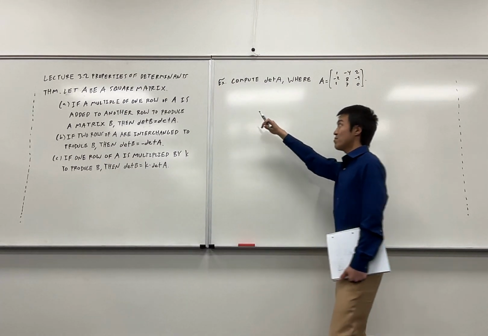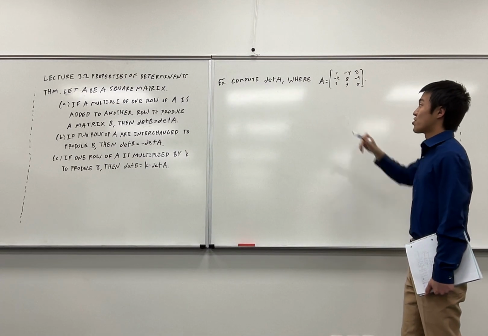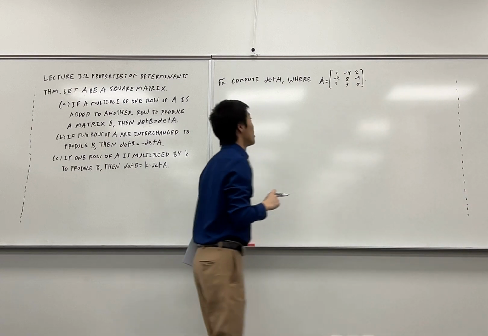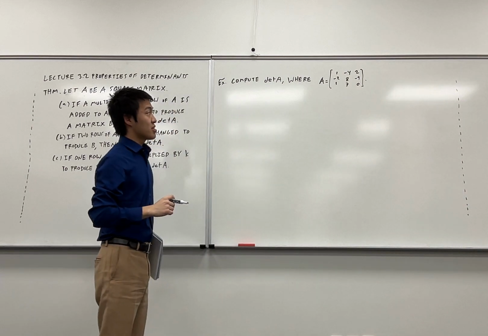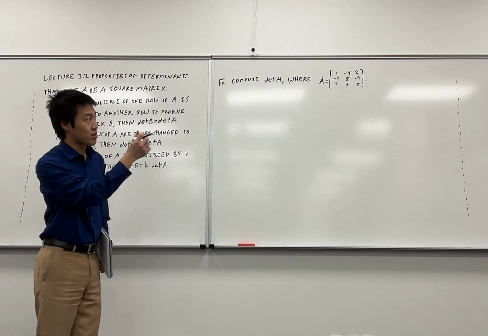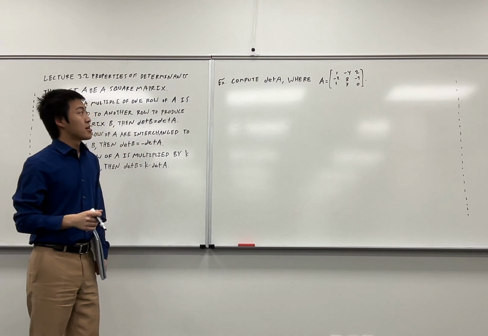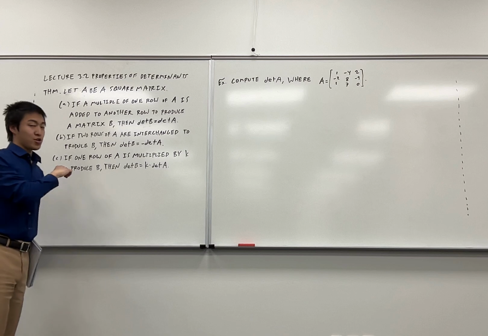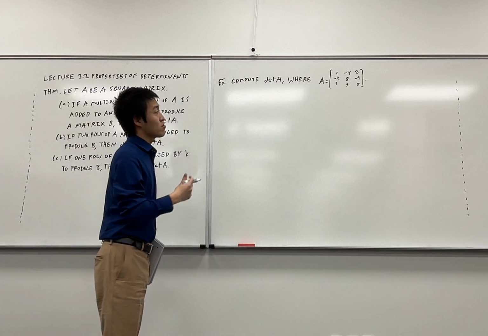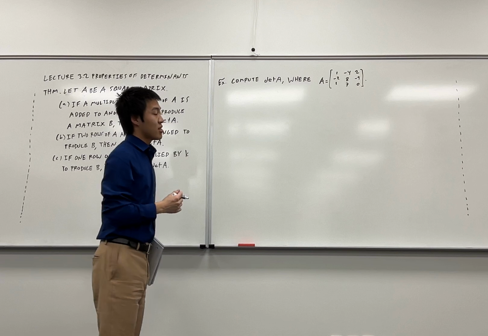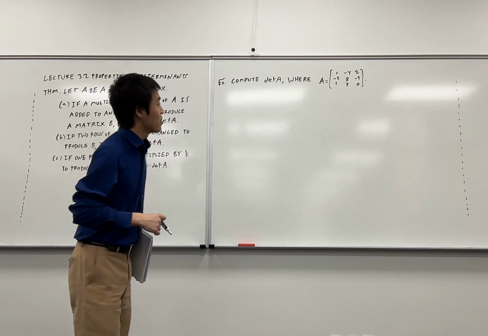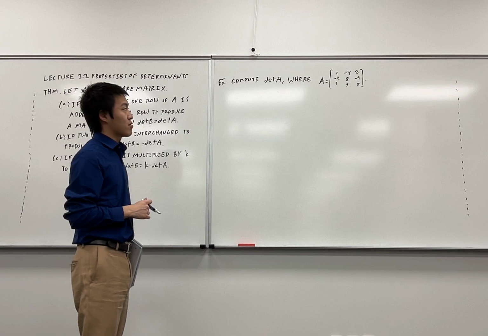So let's do this example. Compute the determinant of A, where A is a 3 by 3. What we're going to do is, instead of just doing a brute force cofactor expansion across the bottom row or whatever, let's actually do some row reduction. Because if I use row reduction to simplify this matrix, there are going to be faster ways to get to the answer with less painful computation.